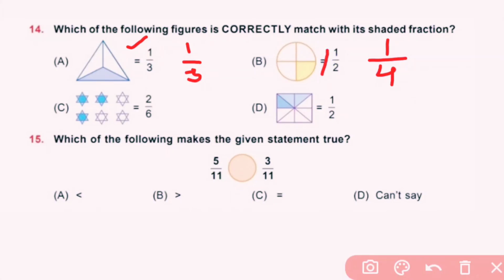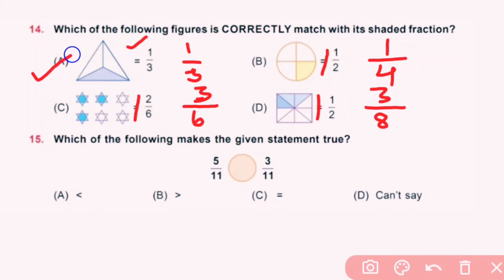So it is incorrect. In option C, there are a total of 6 stars and out of 6, 3 stars are shaded. So it is also incorrect. In option D, there are a total of 8 parts and out of 8, 3 parts are shaded. So it is also incorrect. Only option A is correctly matched. So A is the correct answer.